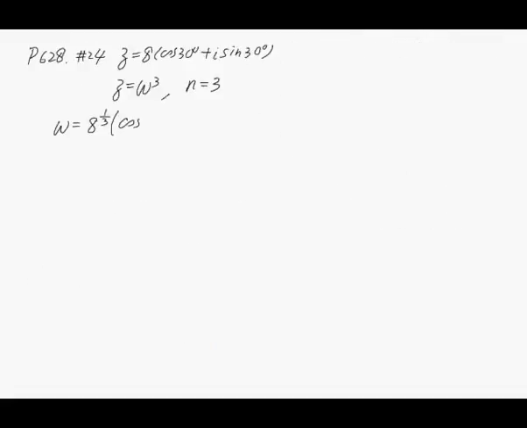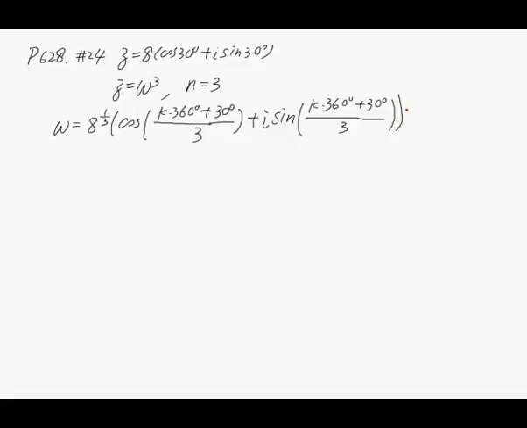So let me write this here. Cosine of (k times 360 degrees plus theta, that is the 30 degrees) over 3, and plus i times sine of (k times 360 degrees plus 30 degrees) over 3.